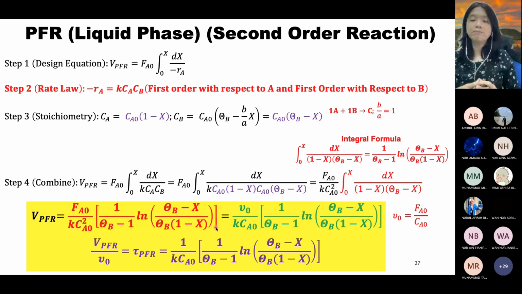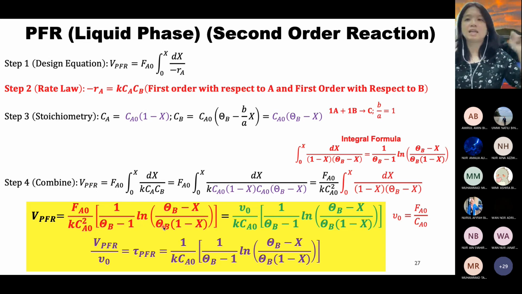Okay, so that's how I find the volume of PFR for a second order reaction, which is first order with respect to A and first order with respect to B, and this is a liquid phase reaction. If your system fulfills all three requirements, then this red equation is valid. If it doesn't fulfill even one, this equation is no longer valid, and you have to find another equation that fulfills these three criteria.